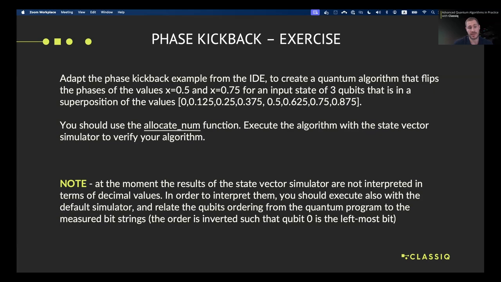And as you can see here, you should use the allocate num, and in the allocate num you have all the variables and arguments of the function that you need to incorporate, and one of them is the number of qubits you want to have the state with. So yeah, exactly. And the target should be as YW7593 just wrote.